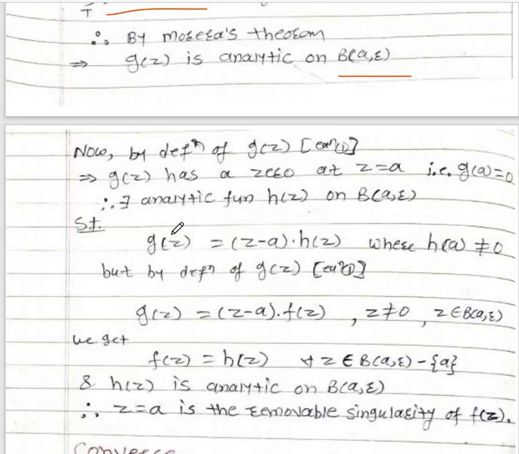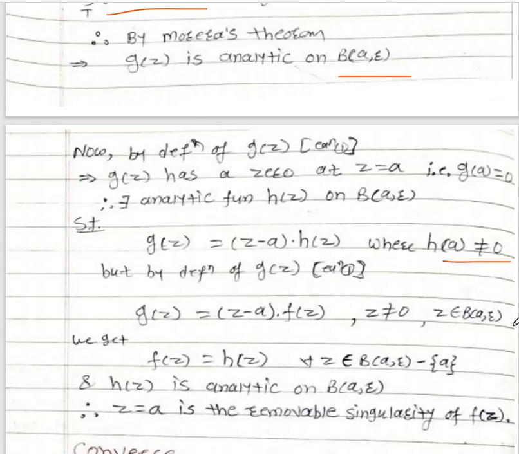Therefore there exists an analytic function h(z) on the open circle whose center is a and radius r, which is given as g(z) equals (z minus a) h(z), where h(a) is not equal to 0.